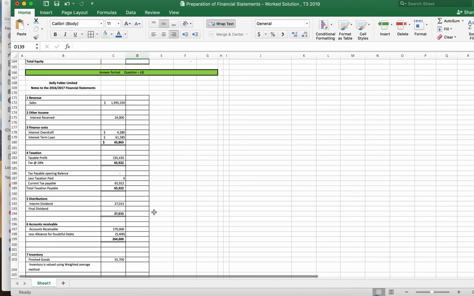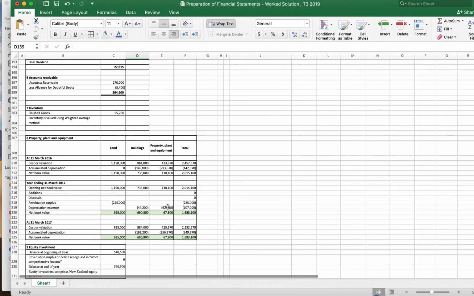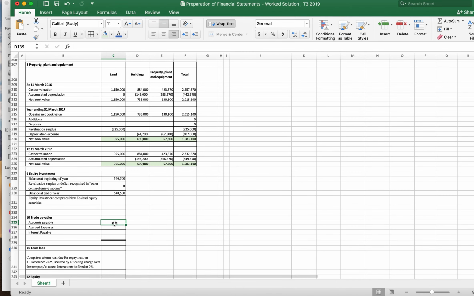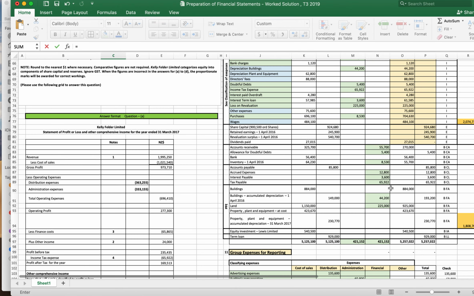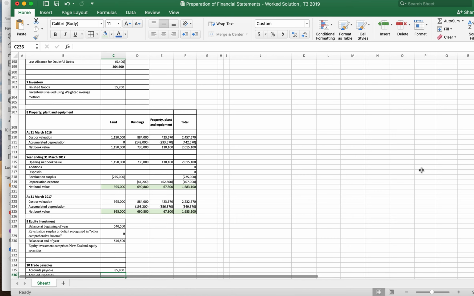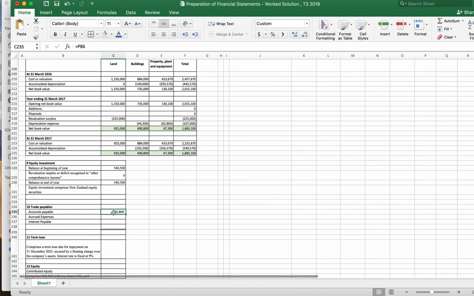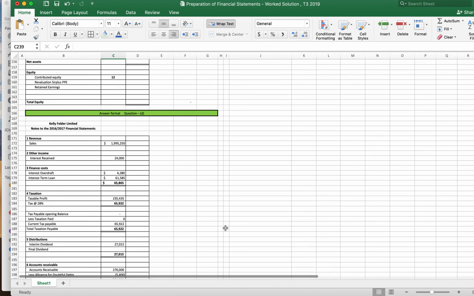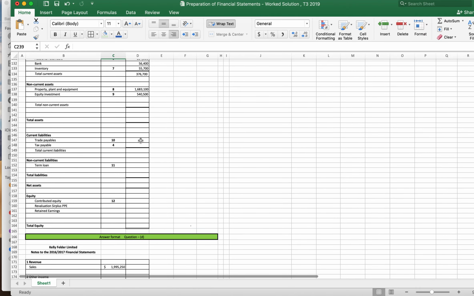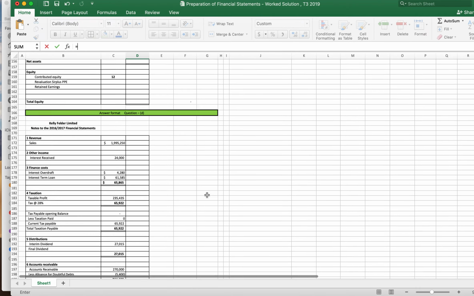Trade payables looks like the note, which is accounts payable, which is the accounts payable here, down to accounts payable. That's the next two, right? We don't have one for tax, we don't need to put tax in there because it's got a separate account. So those three up there should be that. Now we can go accounts payable, note 10.